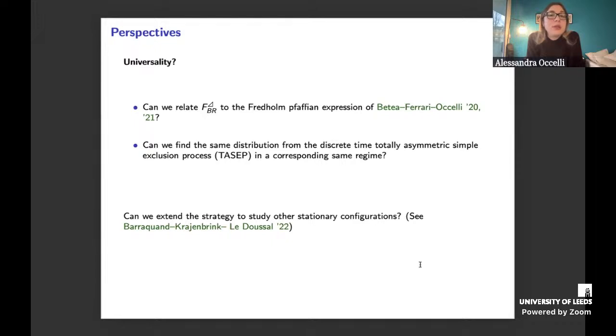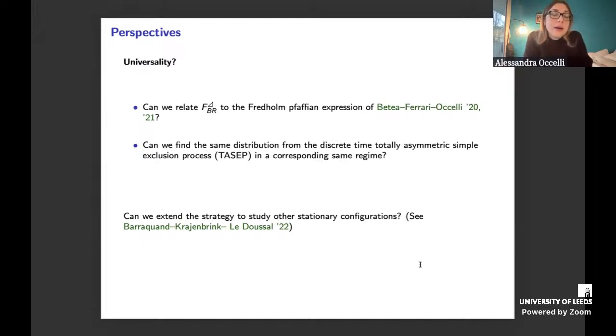It would be interesting to see if, using similar techniques, we can obtain the same expression for example for the discrete time TASEP. This could be done with the same techniques, but probably a different set of orthogonal polynomials will appear, and so there will be different asymptotics to consider.